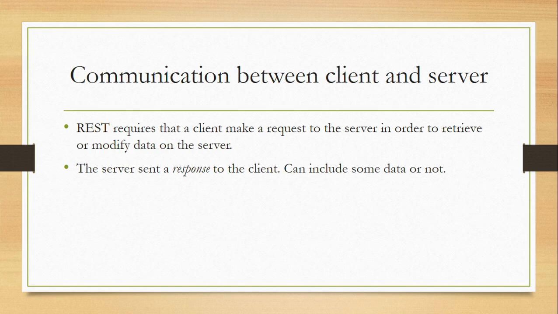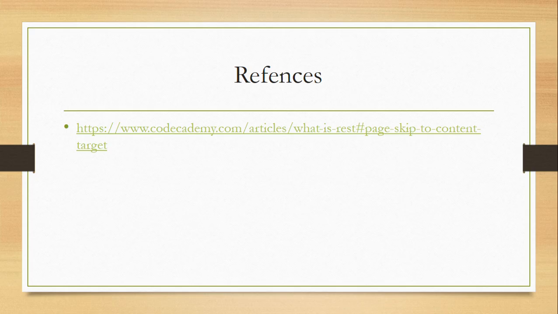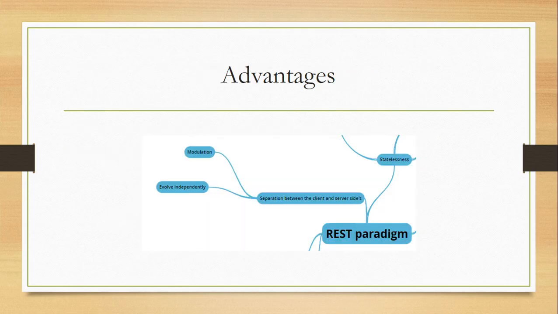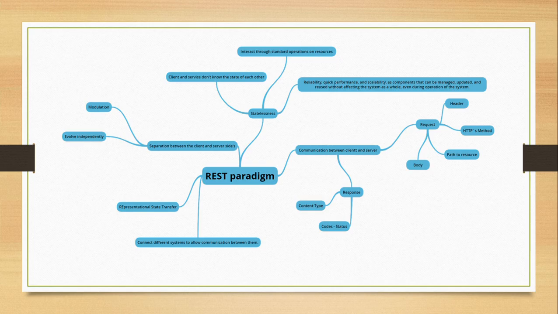The request has some components. The header sends some meta information about the request, like the content type, that can be a text or a JSON object. It includes the HTTP method, that can be get, post, put, or delete, that tells the server what the client wants.